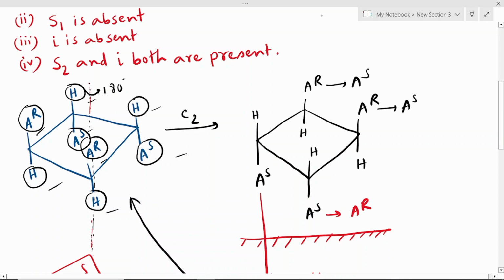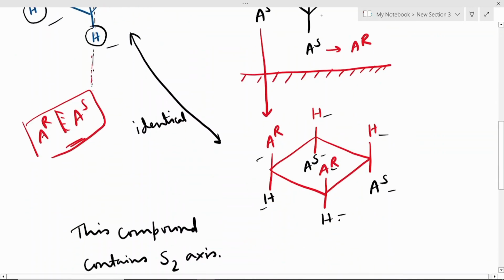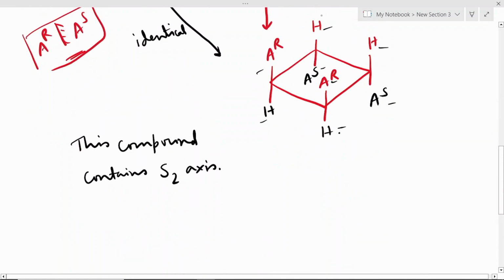As C2 is operated, its corresponding fold will be 2, that is S2 axis.